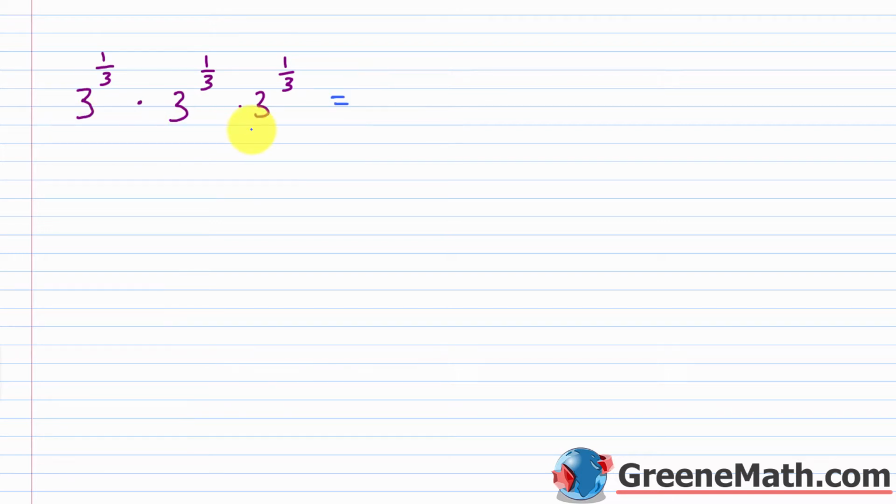Well, I have the same base, so that stays the same, and then I would just add the exponents. So 1/3 plus 1/3 plus 1/3 is equal to what? It's equal to 1, right? 1 plus 1 plus 1 is 3, and 3 over that common denominator of 3 would be 1. So this is 3 to the power of 3/3, which is equal to 3 to the power of 1, or just 3.